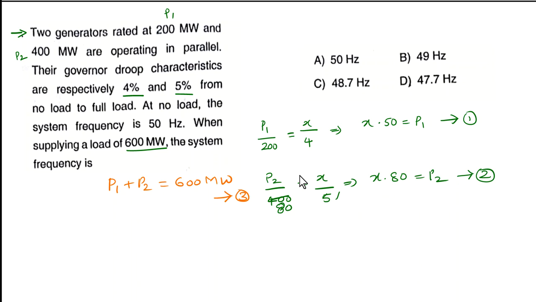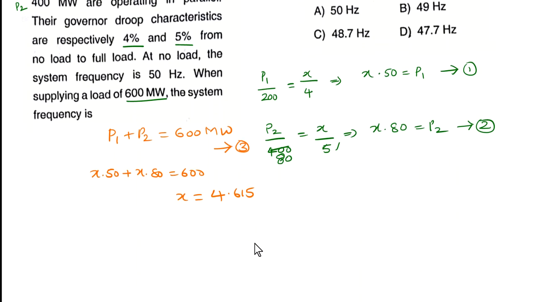Substitute the values of P1 and P2: x into 50 plus x into 80 is equal to 600. From this you get the x value as 4.615. Remember, it is in percentage here.